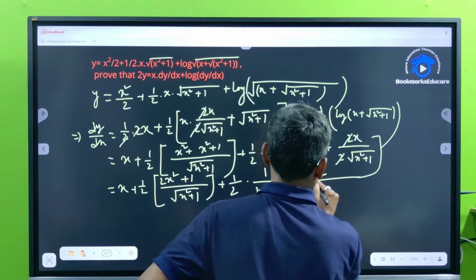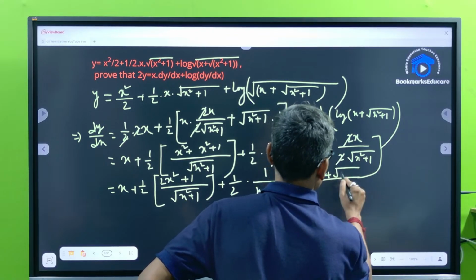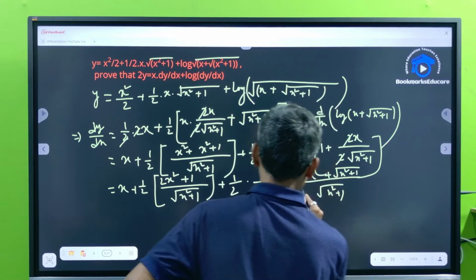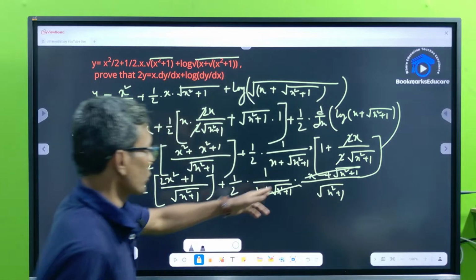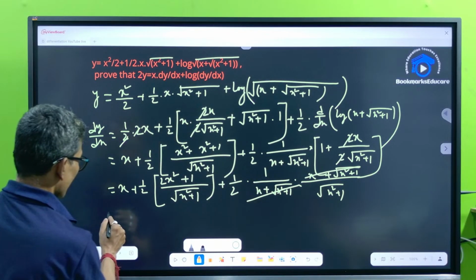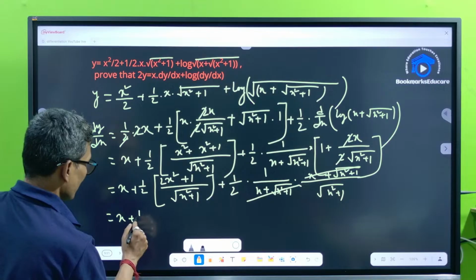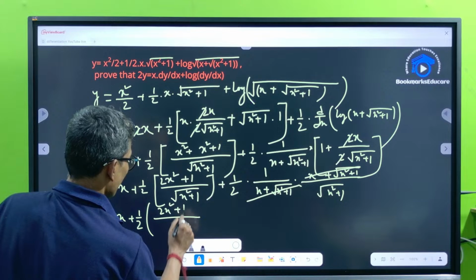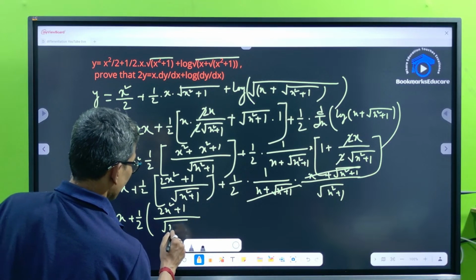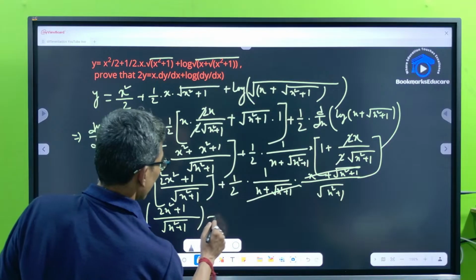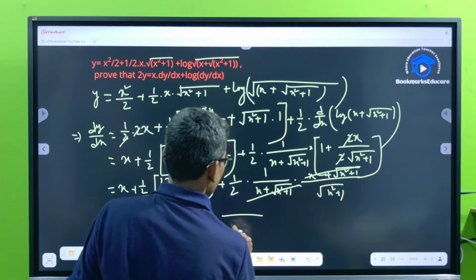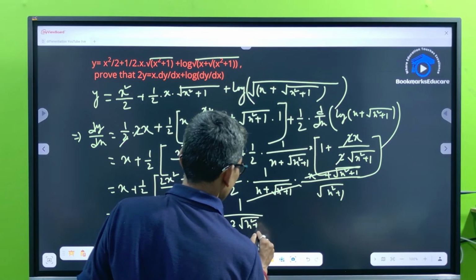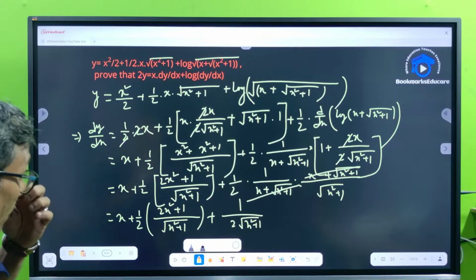So 2 will cut, x plus root over of x square plus 1 by root over of x square plus 1. So this portion will be eliminated. So x plus half into 2x square plus 1 by root over of x square plus 1 plus 1 by 2 into root over of this.